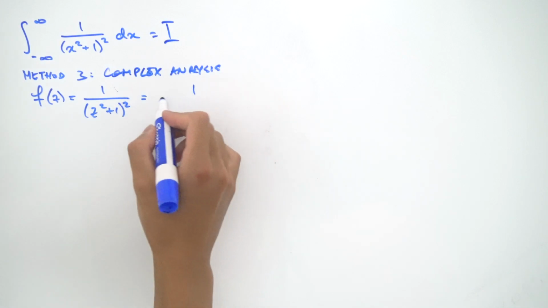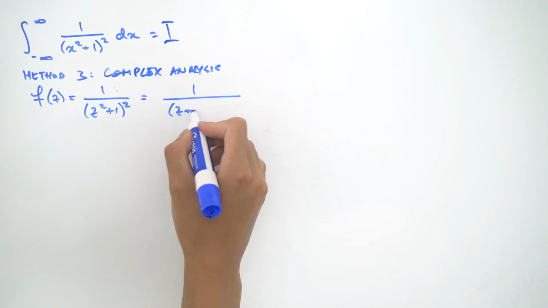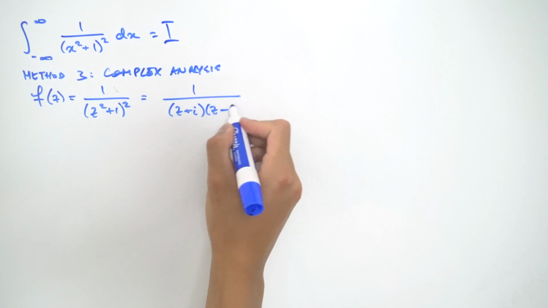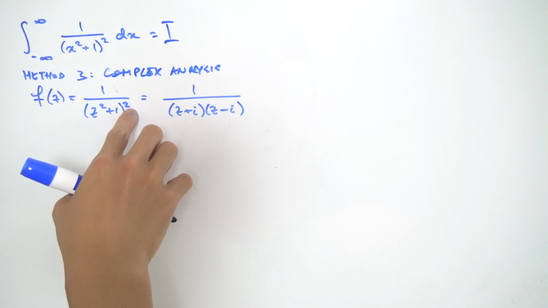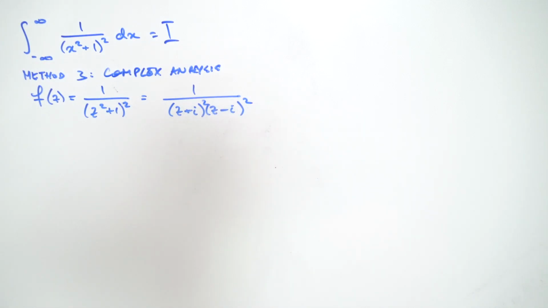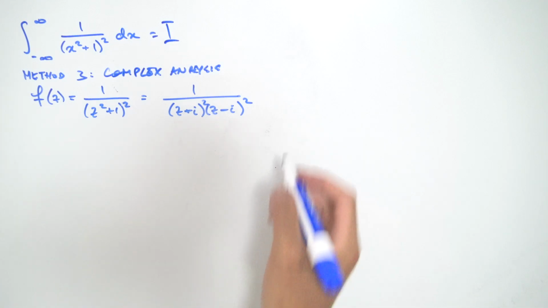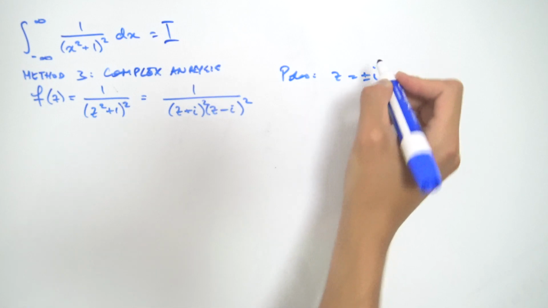So we're going to have 1 divided by, now z squared plus 1, that's exactly (z plus i) and (z minus i). If you multiply those two together, you're going to get z squared plus 1, but we're squaring everything, so let's square both of these factors. And right from this expression, you can see that the poles are z equal to plus or minus i.